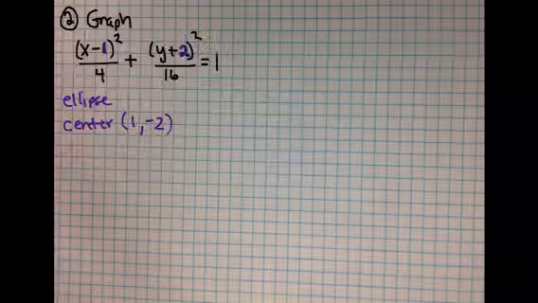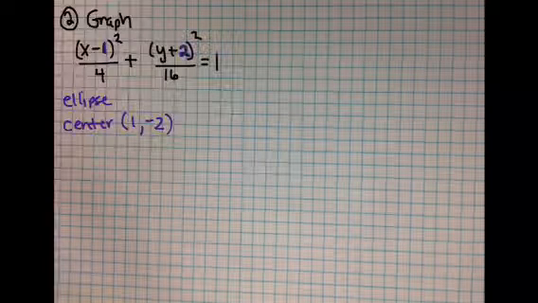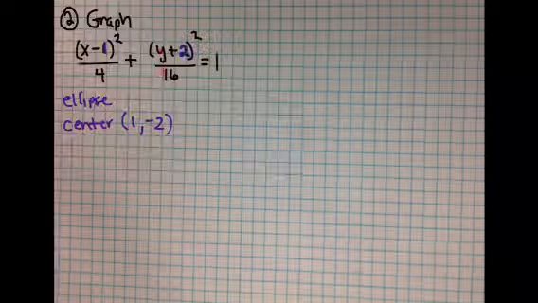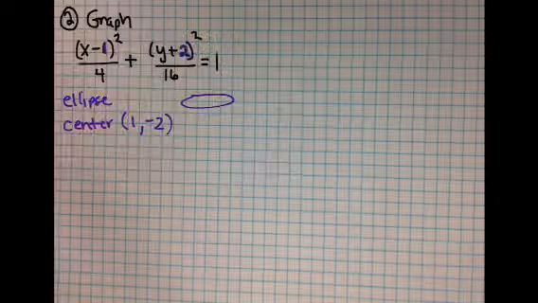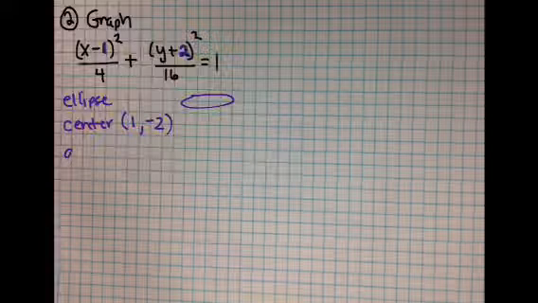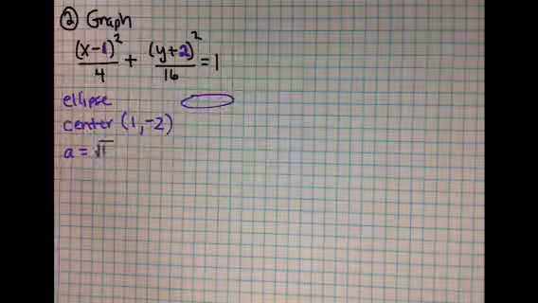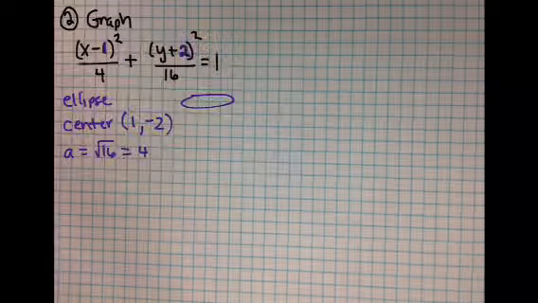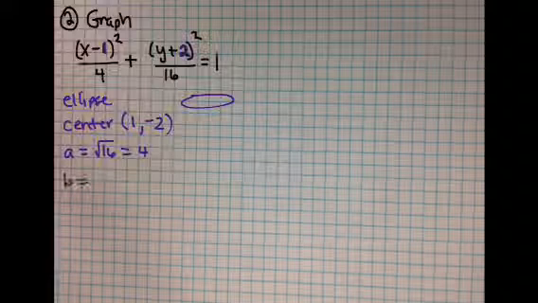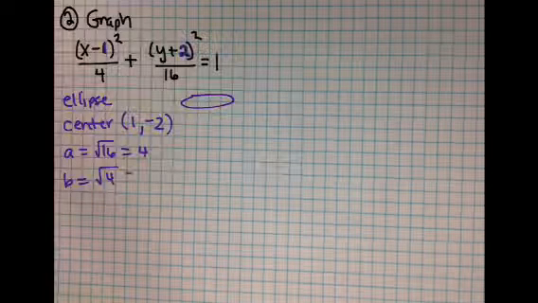Now remember, with the ellipse, the orientation is determined by the biggest denominator. So right here, the biggest denominator is 16, and it's underneath the x. So that means that our ellipse is going to be horizontal. It's going to go longer this way. Okay? So the a value is the square root of 16, and the minor axis, the square root of 4.